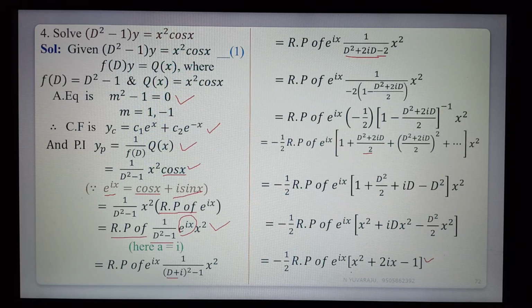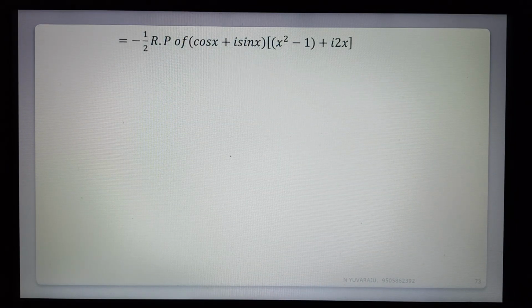So now for the simplification, this is a complex number and this is a complex number, separate complex numbers multiplying both. So that is equal to, continuation: -1/2 into real part of, e^(ix) can be written as cos x + i sin x.